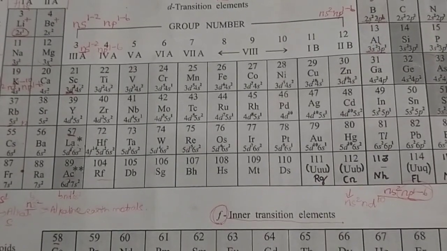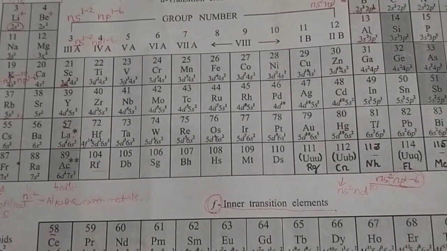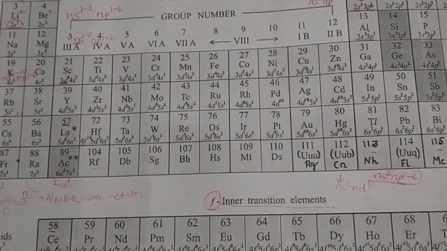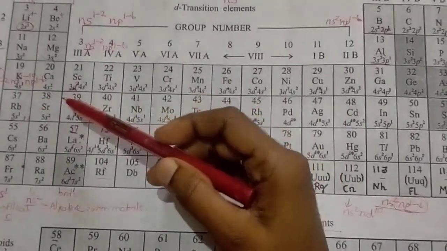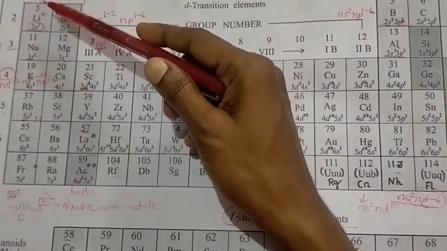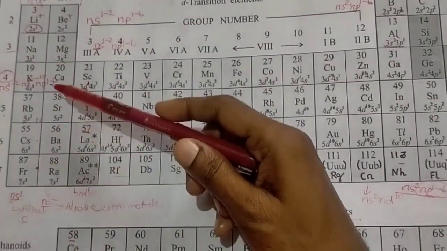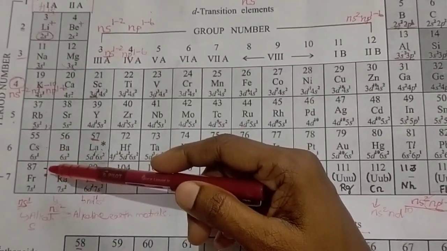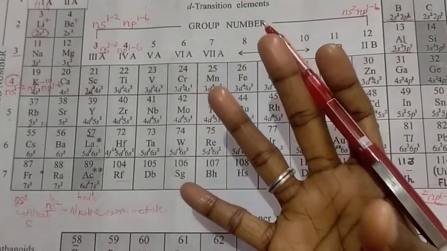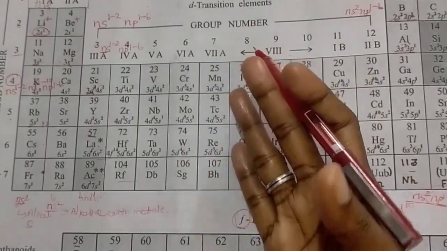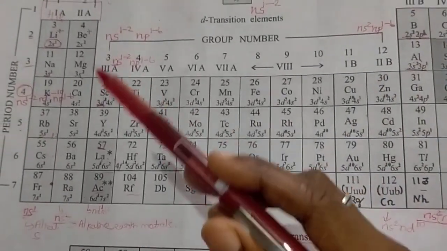Why is it decreasing? Because the distance between the nucleus and the valence electron, which is present in the outermost shell, is increasing. So the distance from the nucleus to the valence electron increases when we move from top to bottom of the group. That's why ionization energy is also decreasing, because the electrostatic attractive force from the nucleus to the electron of the valence shell is less.